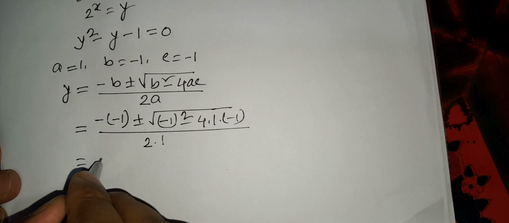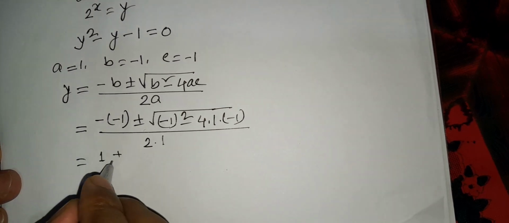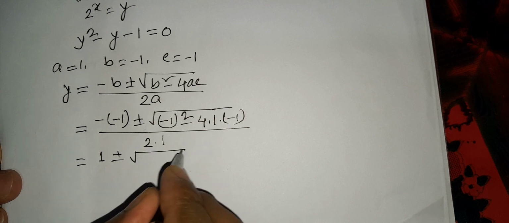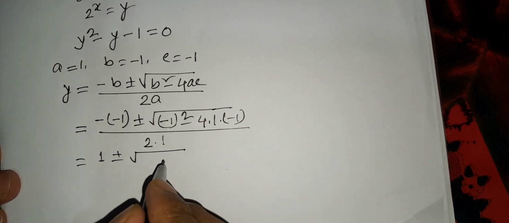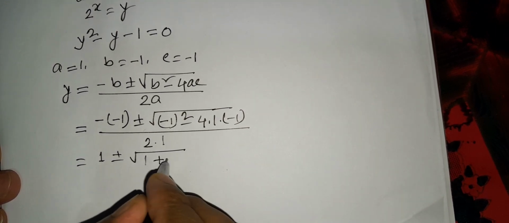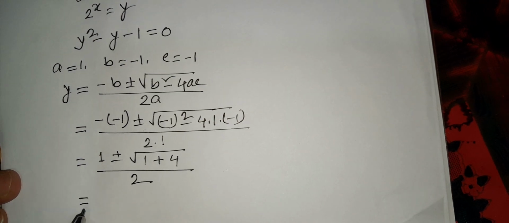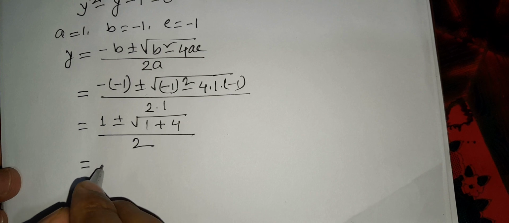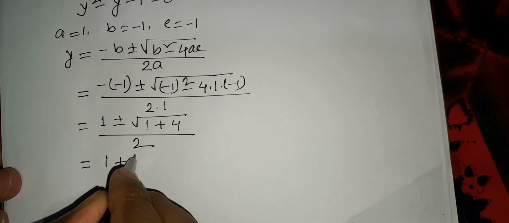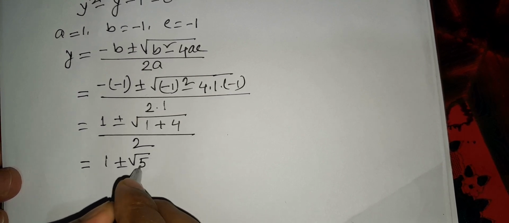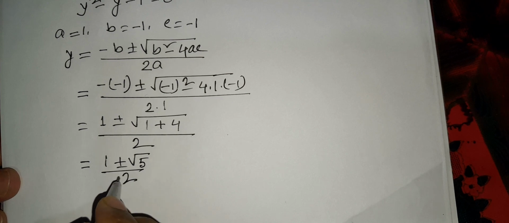Now we can write 1 plus minus root over 1 plus 4 by 2. Okay, now we can write 1 plus minus root 5 by 2.